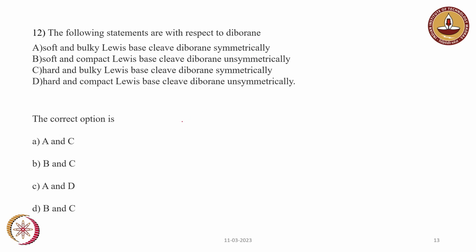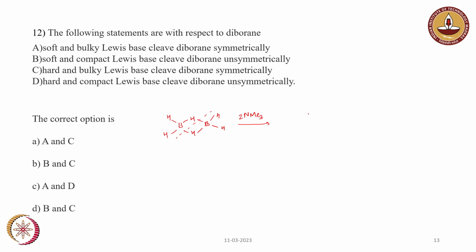So diborane is B2H6, so in presence of bulky and soft Lewis base like NMe3, it will cleave symmetrically like this. So BH3 and BH3 units will be formed.